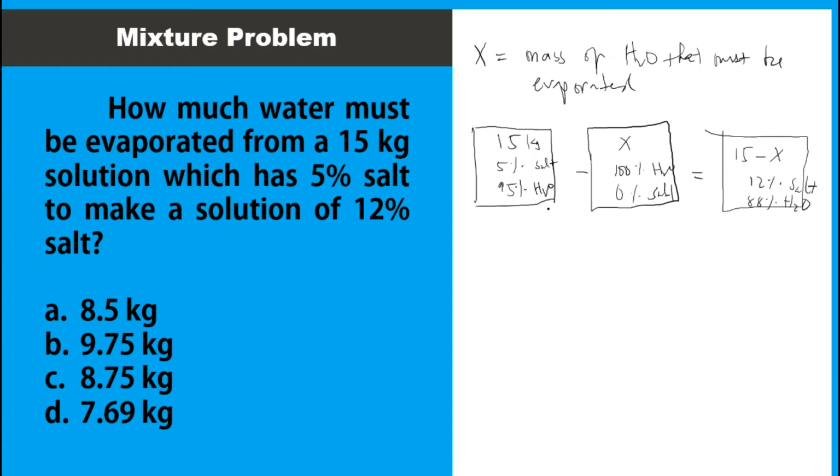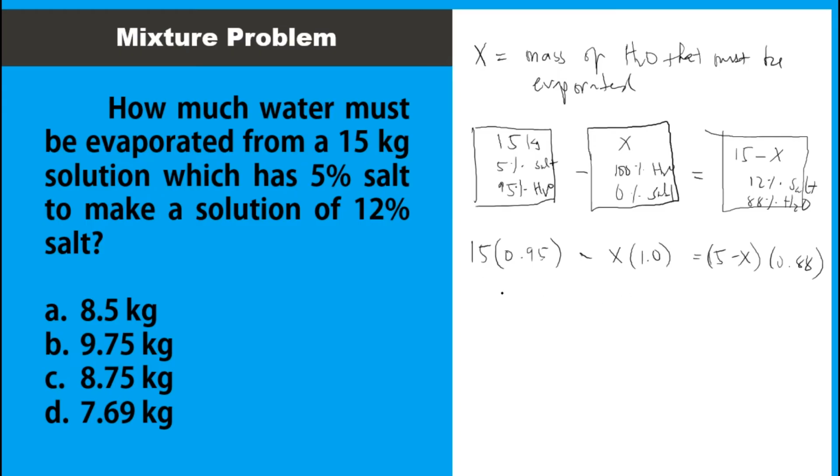You can apply the principle. We can either choose to have a salt analysis or water, but since we are required to find the mass of water, our analysis will focus on the concentration of water. We have 15 times 95% water, so 0.95, minus X times 100%, is equal to 15 minus X times 0.88.